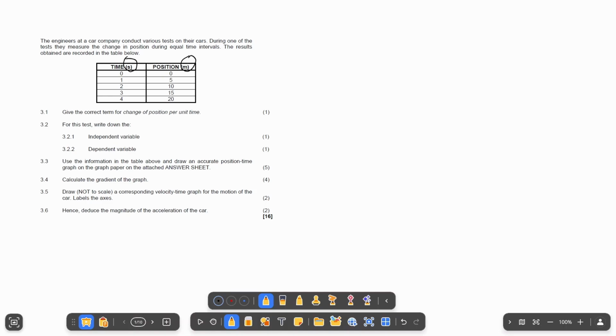It's because position is specific to a direction, and therefore we say it is velocity, not speed. So the answer is velocity.